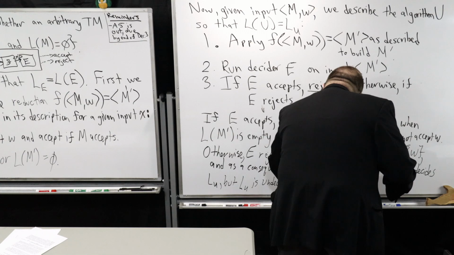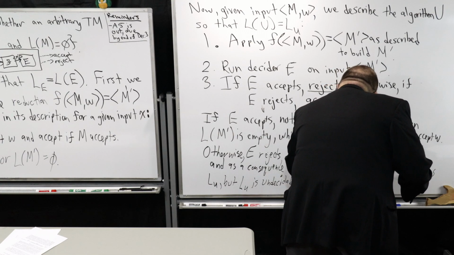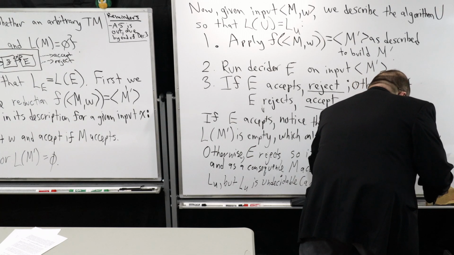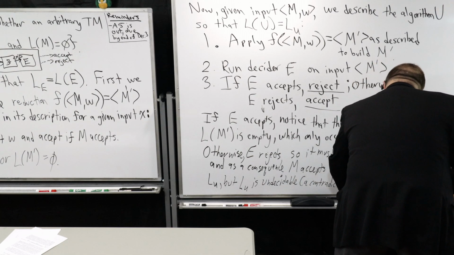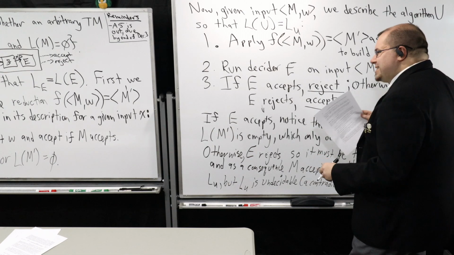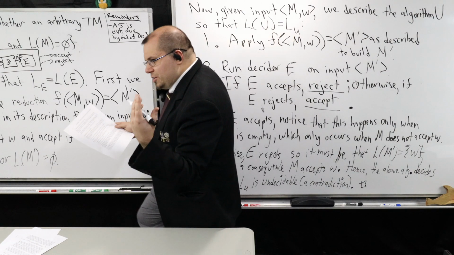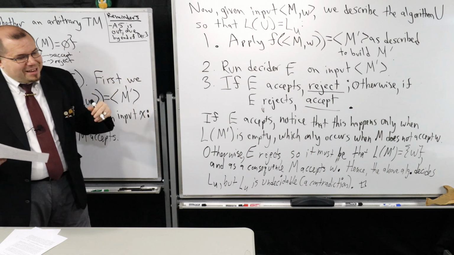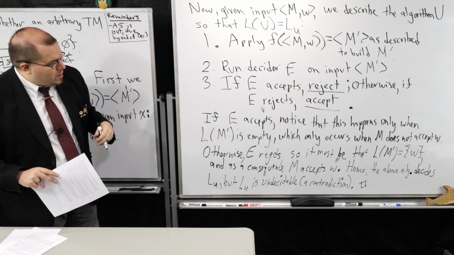So I'll just mention that in parentheses, a contradiction. You don't have to write that down. It should be apparent to the reader. And if you want to add in the one line of reasoning, you can always say, therefore, since the universal language is undecidable, our language LE also must be undecidable.